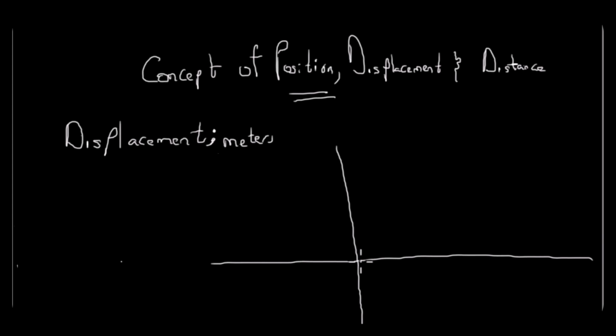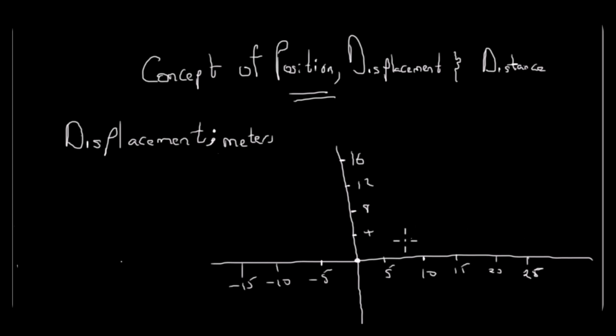This is my origin. Let's say this is 5, this is 10, this is 15, this is 20, this is 25, this is 4, this is 8, this is 12, this is 16, this is -5, this is -10, this is -15.